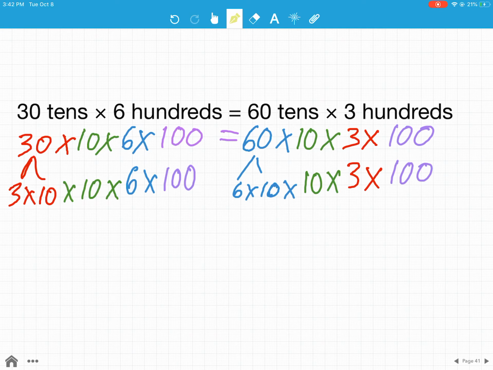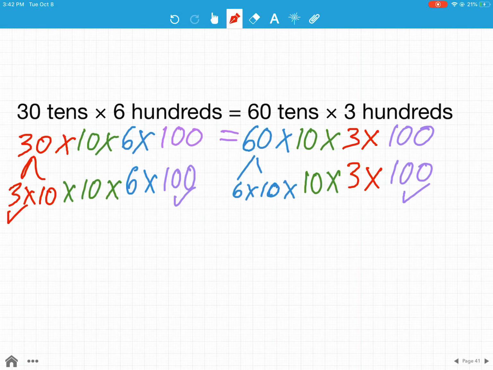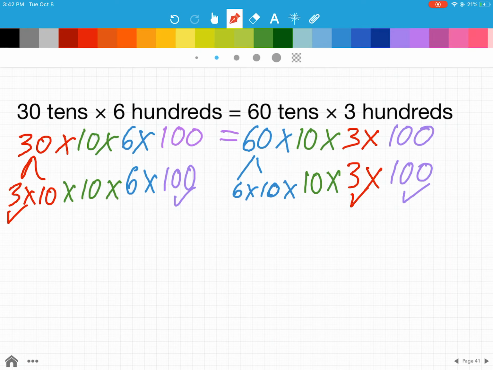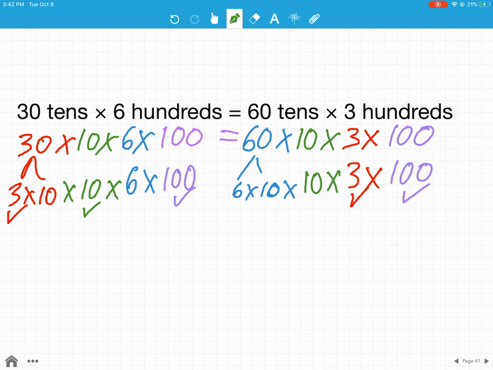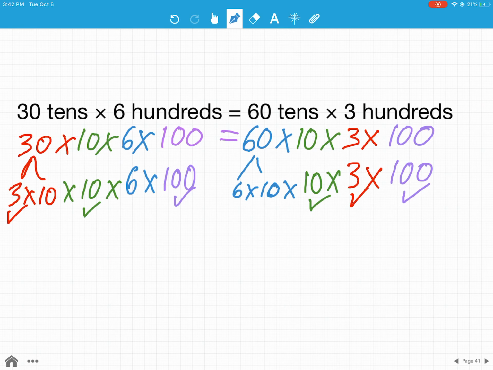Okay, so we have our hundreds, check, check. We have our 3, check, check. We have our 10, check, check. We have a 6, check, check.